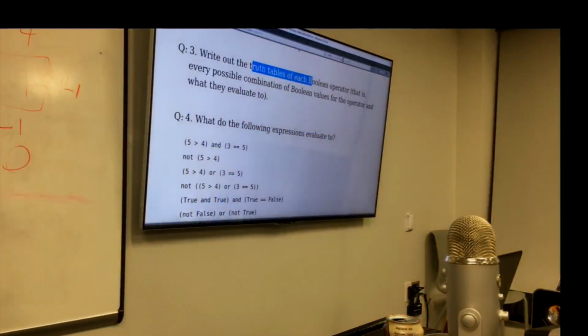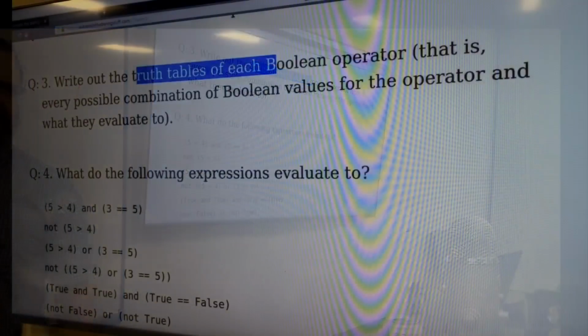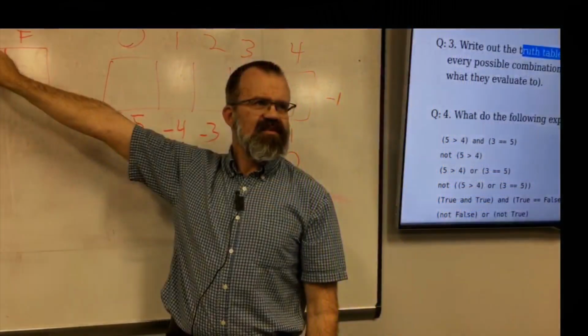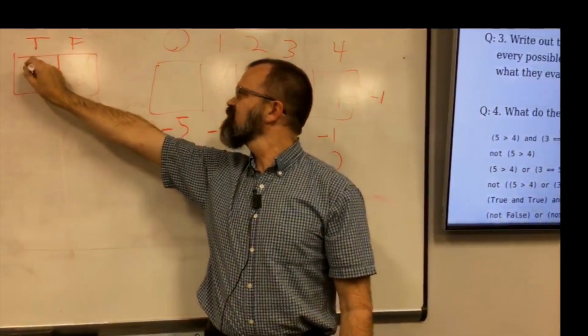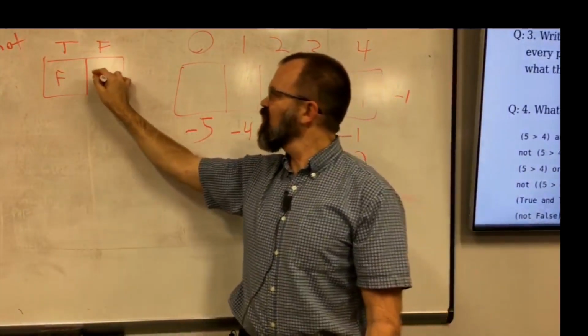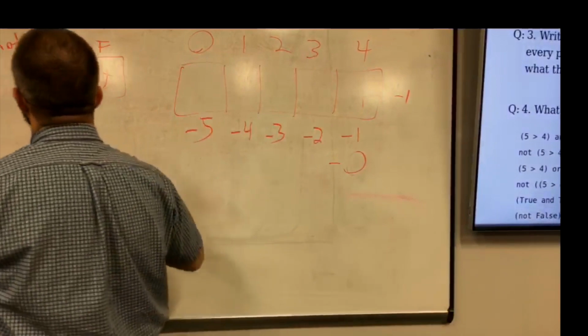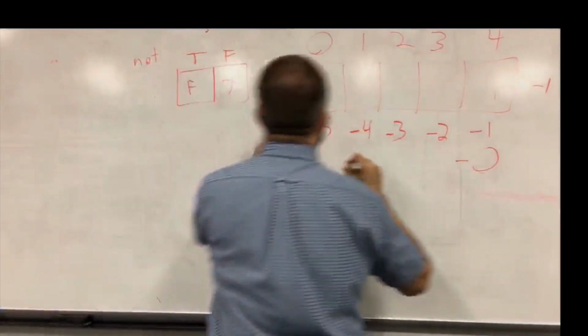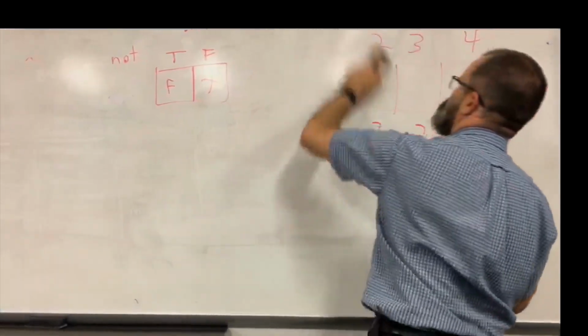I am going to use T and F, because as soon as he said A prime, I realized my mistake. So when A is true, then this value is false. When A is false, then this value is... Okay, good. Fine, I'll do this. You'll get more than one truth table.